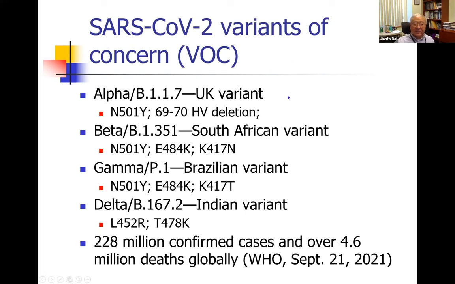The major characteristic N501Y means the amino acid N at the 501 location is mutated to Y, etc. And this one is a deletion, of course. So that labels different variants. Currently in the US, the vast majority of infections are caused by the Delta variant.